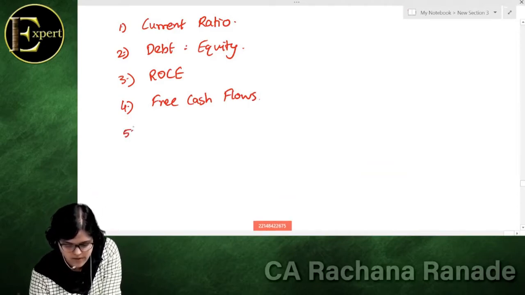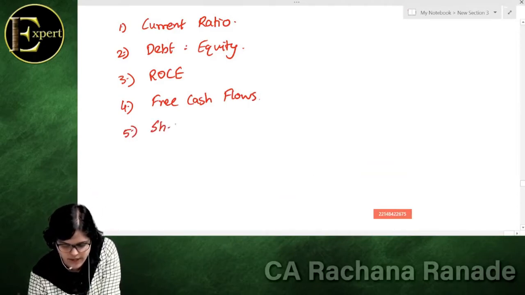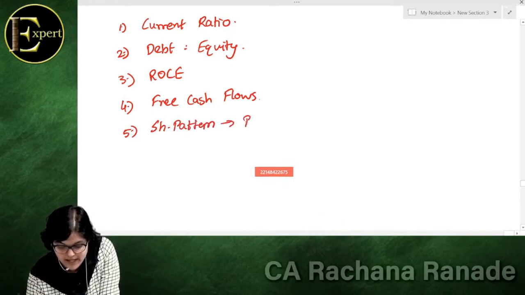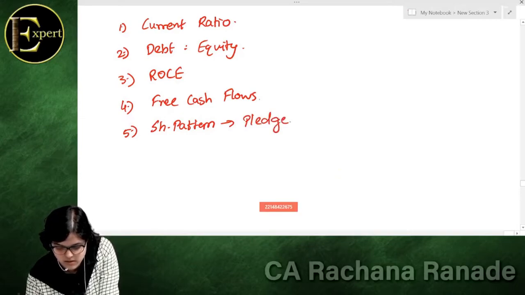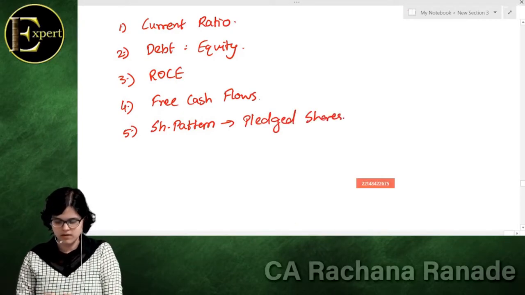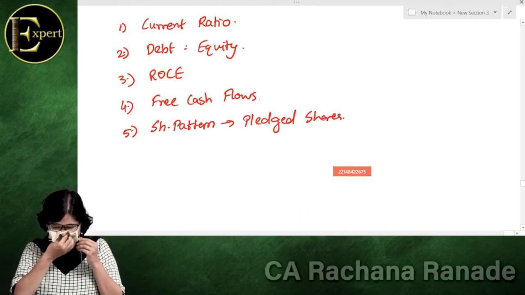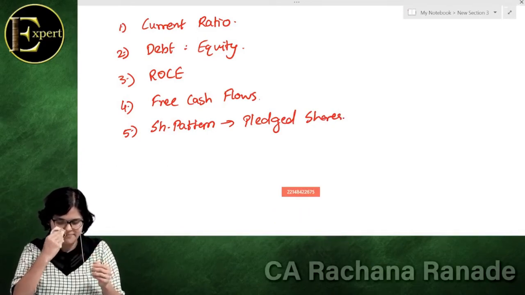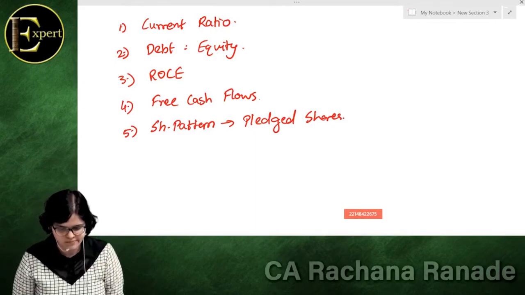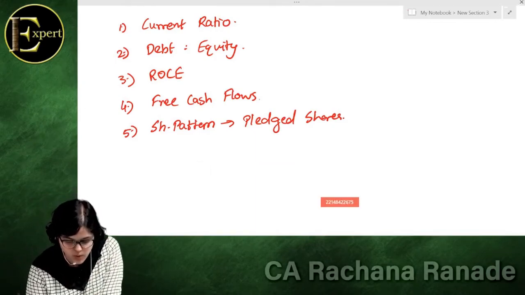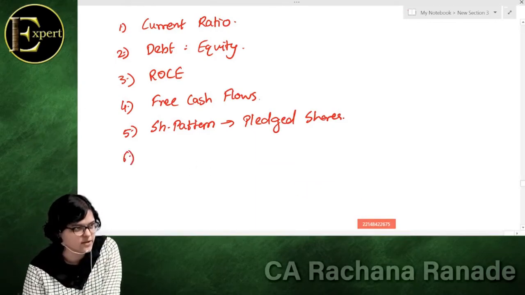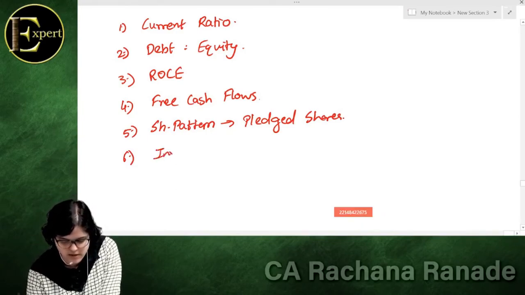Then one more parameter we talked about was shareholding pattern, in which we mainly focused on pledged shares. Okay. After this, we are going to talk about one more important parameter right away, which is your inventory turnover ratio.